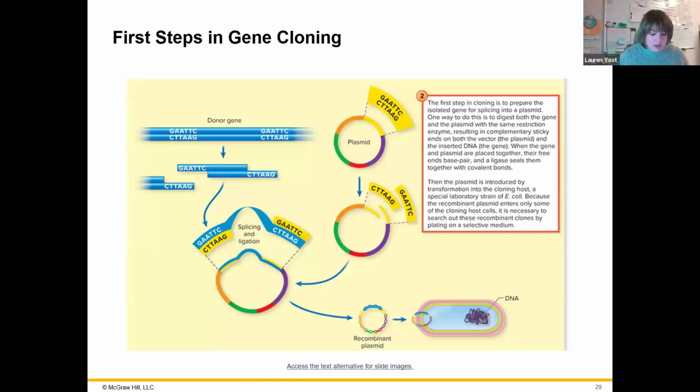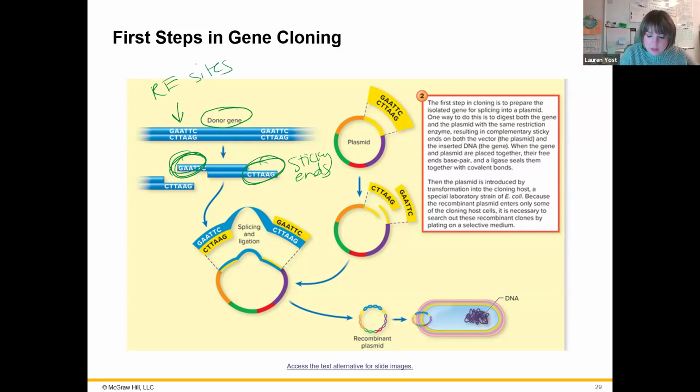Again, we wanted to do that with sticky ends using restriction enzymes, and this is what it would look like. Basically, what would happen is you would have the donor gene sequence. Here are our restriction enzyme sites where we're going to cut at the palindromic sequences, making those sticky ends.